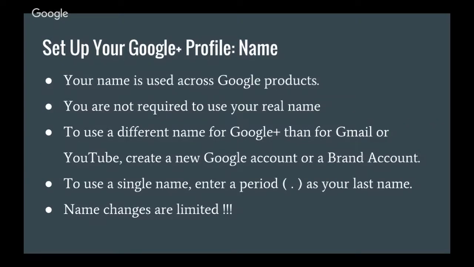If you want to use a different identity for different Google products, so a different name on Google Plus than you use on Gmail, or a different name on YouTube than you use on Google Plus, the two options are to either make a whole new Google account or to create a brand account. And brand accounts are kind of complicated and beyond the scope of what I'm talking about here, but they're sort of a sub-account that lets you have a different identity, often for a business or brand.